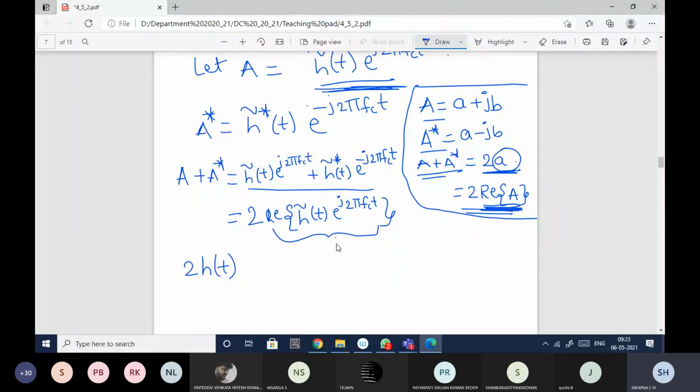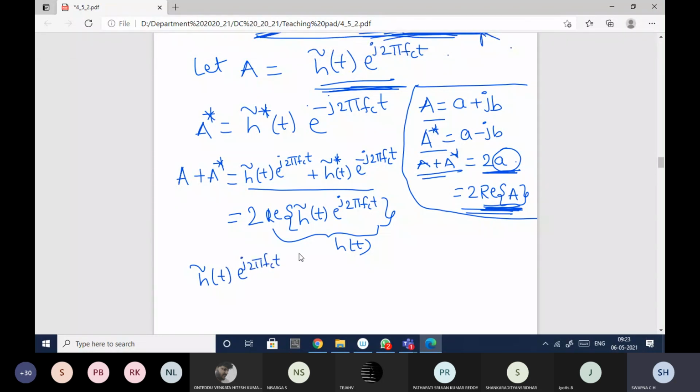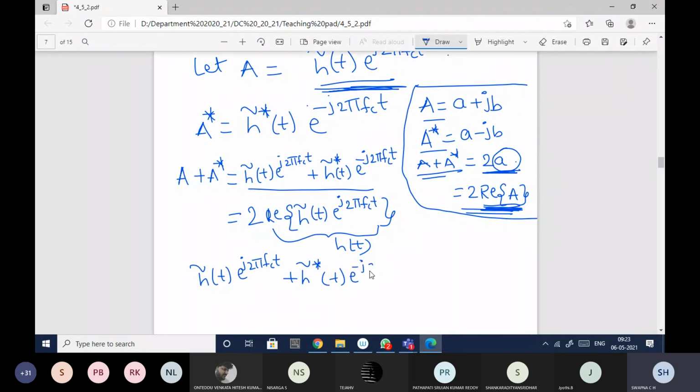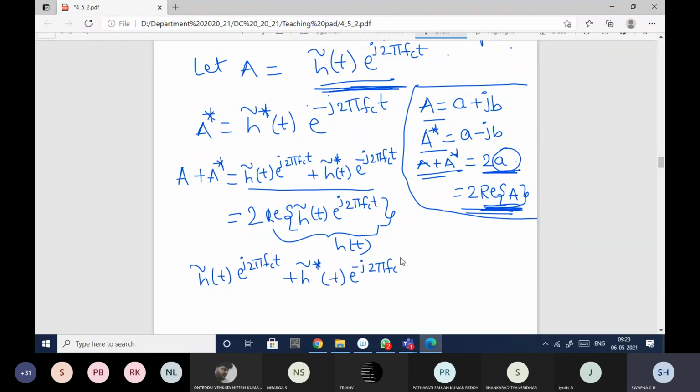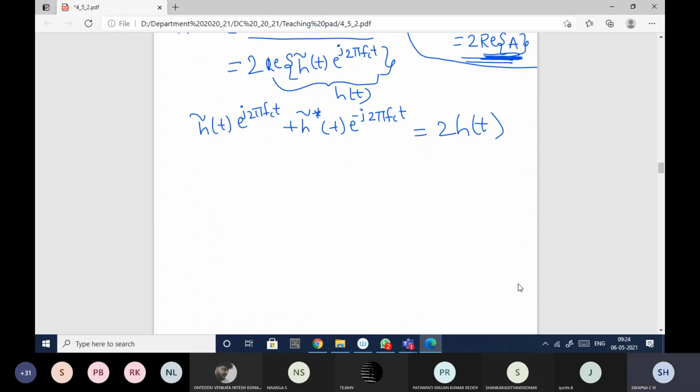So I'm writing it as H tilt of T into e power j2 pi fct plus H tilt star of T e power minus j2 pi fct is equal to 2H of T. Anybody have doubts until this point? No, ma'am. Okay. All of you are able to understand, right?